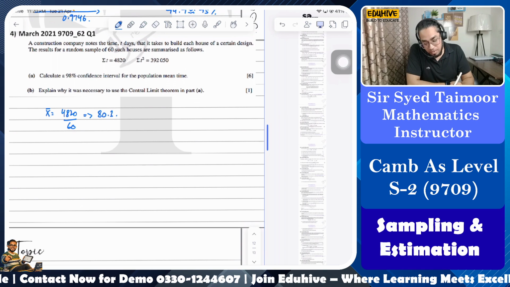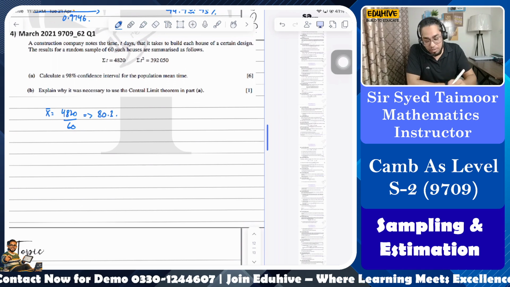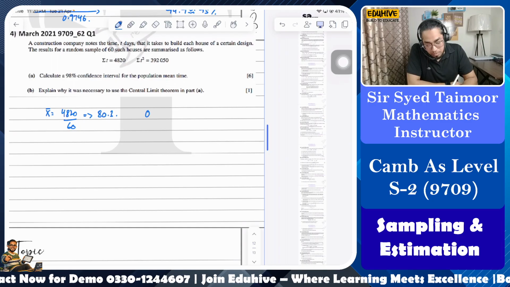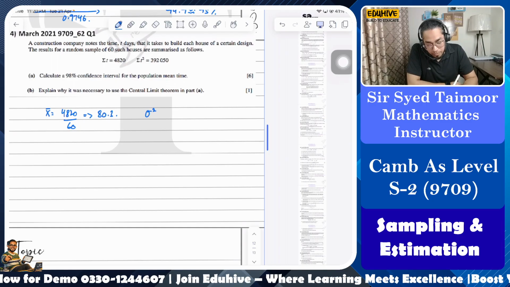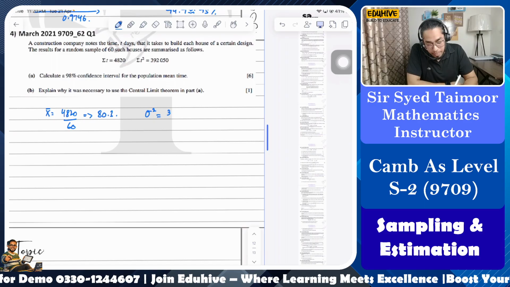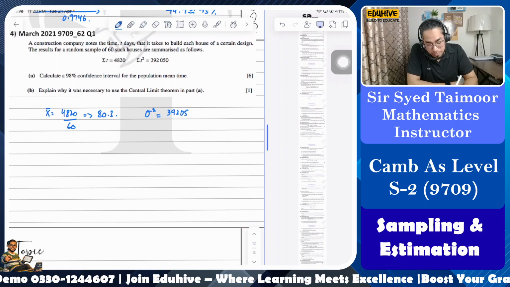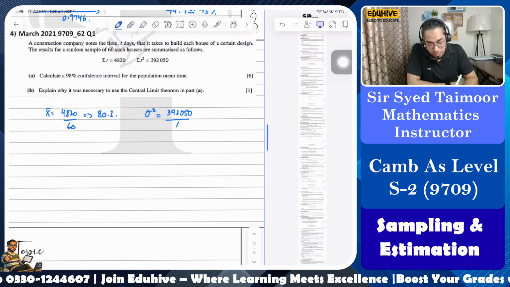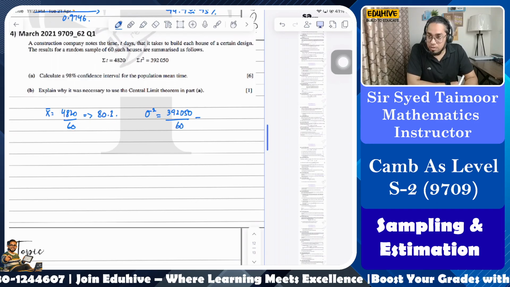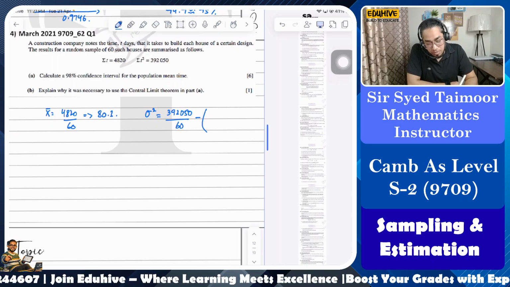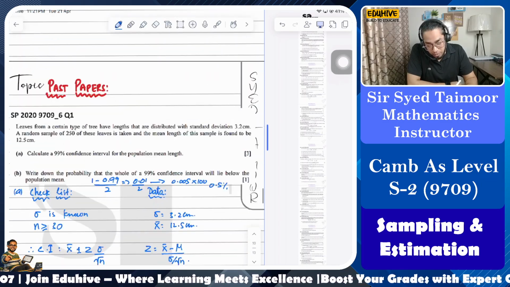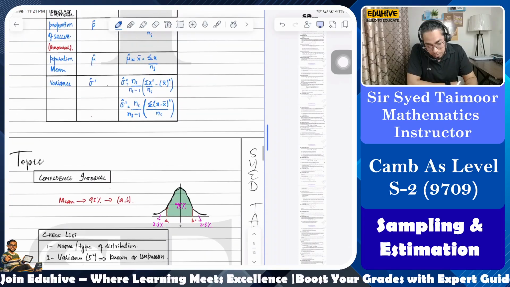And what about the variance? Sigma square. Yes, there's a formula for this one, and I have written it, I guess.